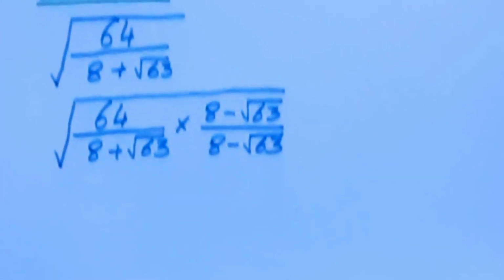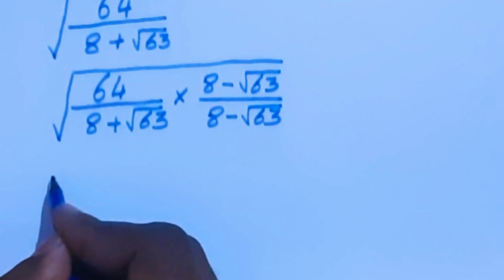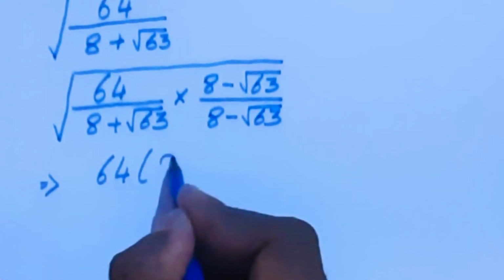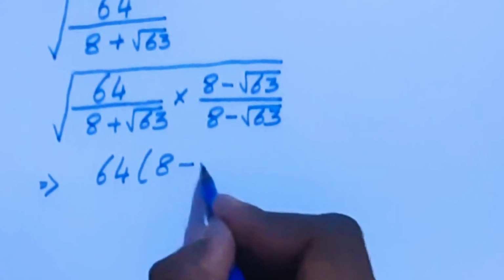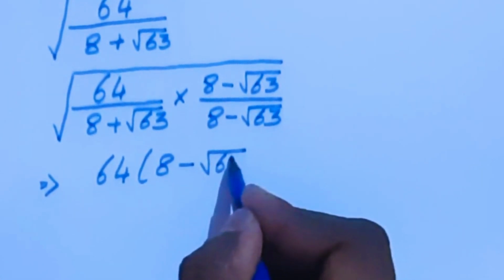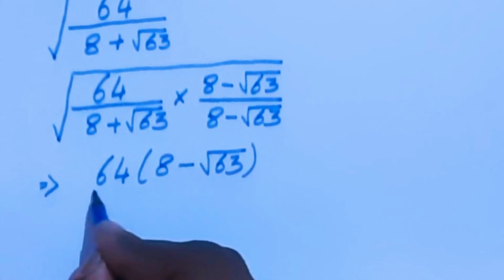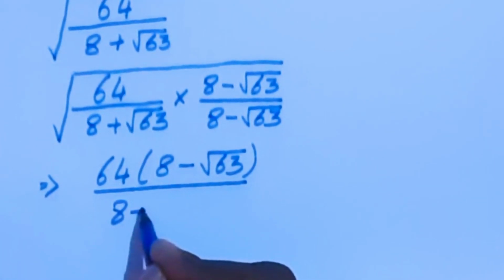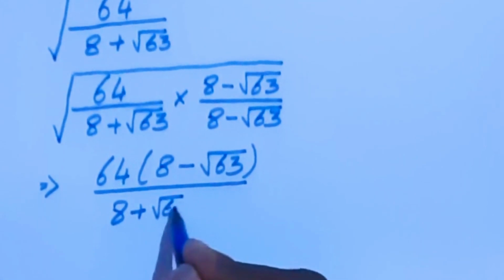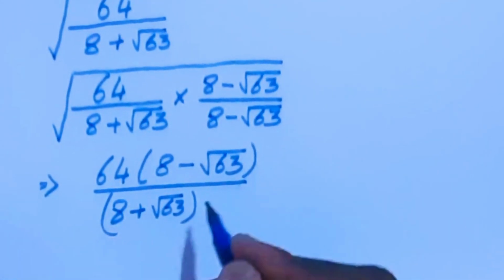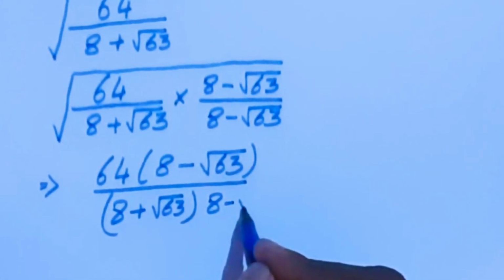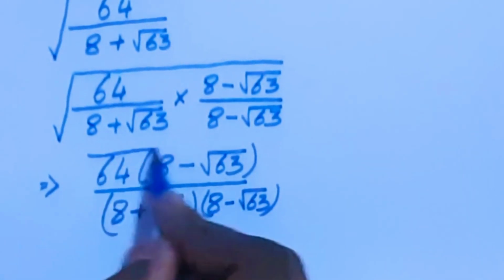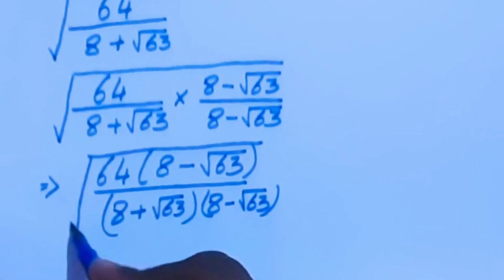Now, 64 times 8 minus square root of 63, by, this can be written as 8 plus square root of 63 times 8 minus square root of 63 in whole square root.